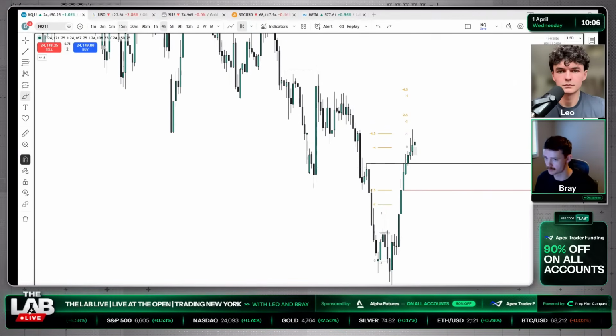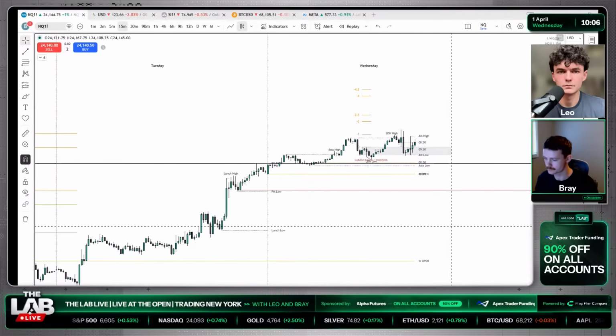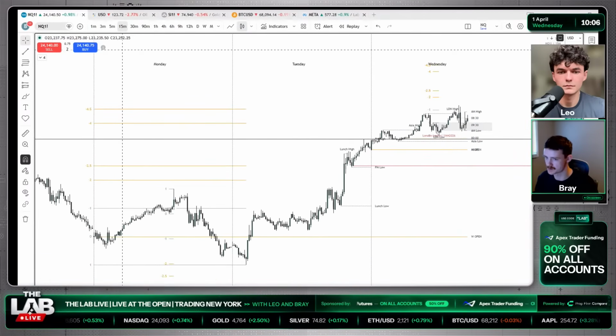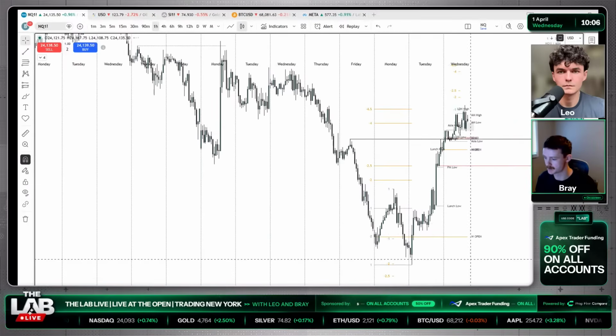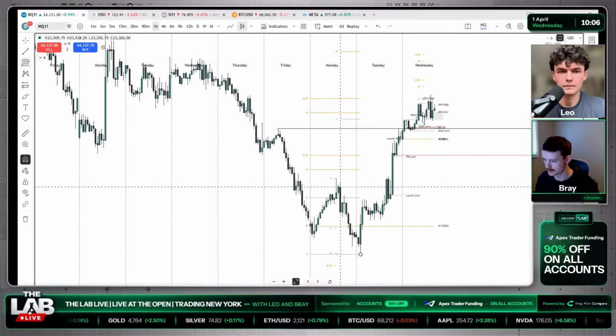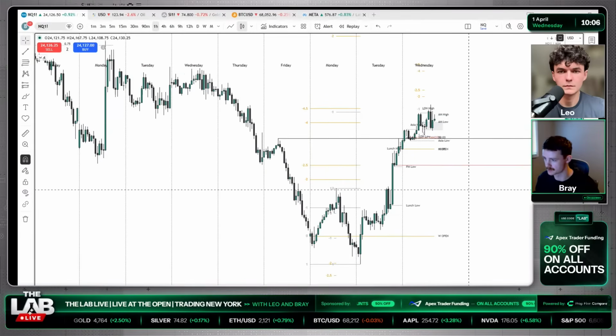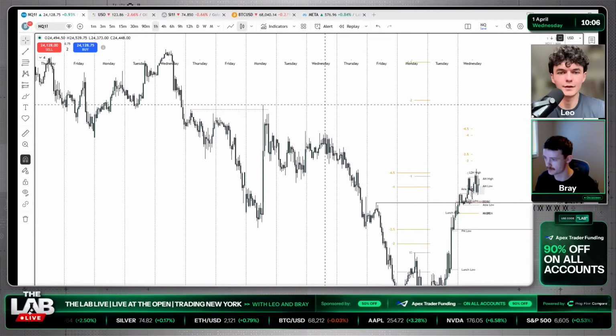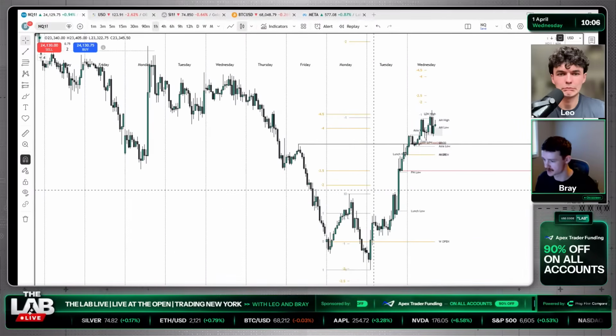So that's one of the projections that I'm using. There are some other smaller ones too. Let me take a look. I actually did not measure this big kahuna here. This big kahuna is all the way above the previous weekly high. So that's possible.